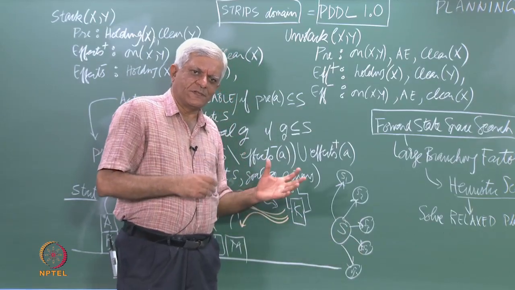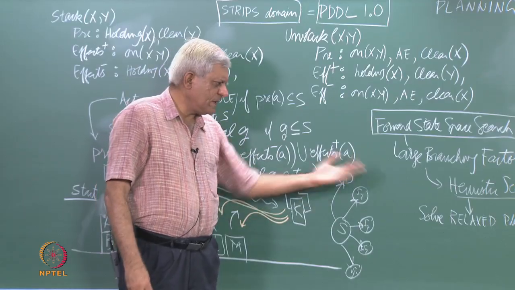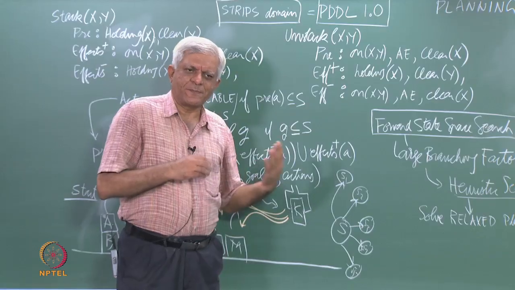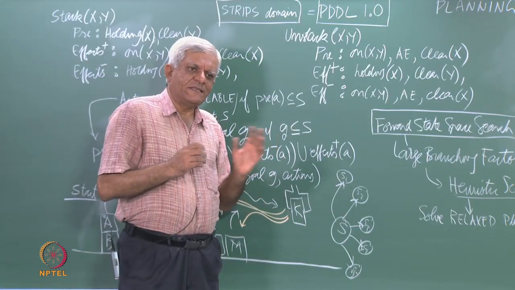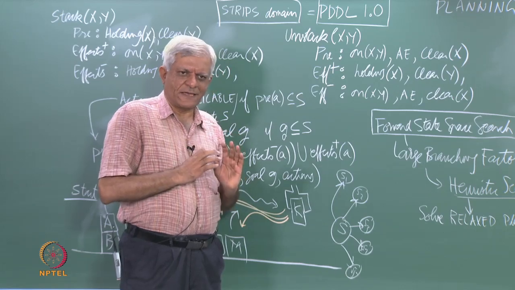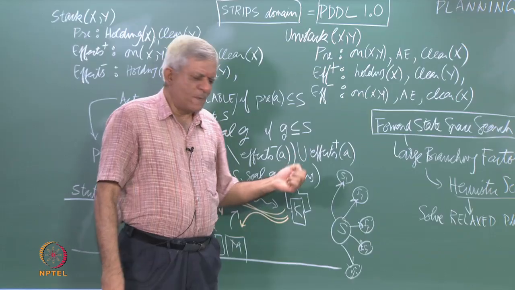Look at the solution produced by this relaxed problem, called the relaxed plan. Look at the relaxed plan and see which is the cheapest relaxed plan, maybe in terms of number of moves.